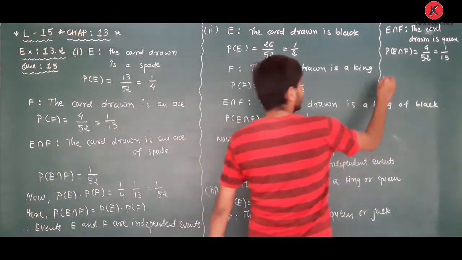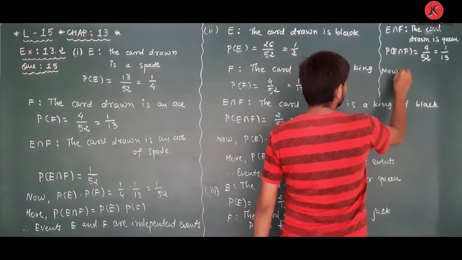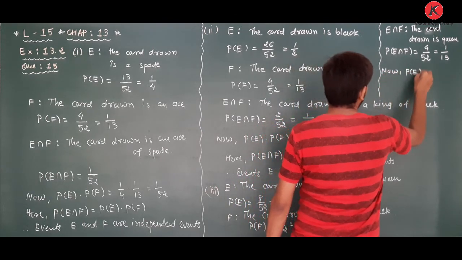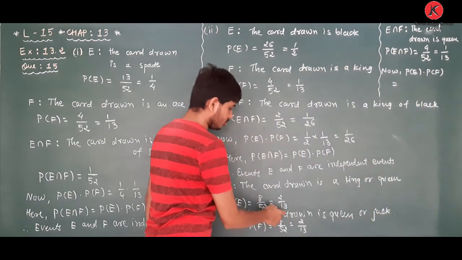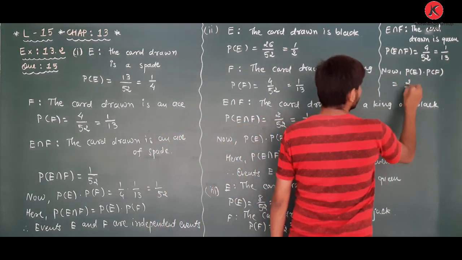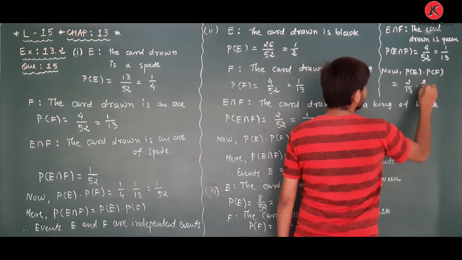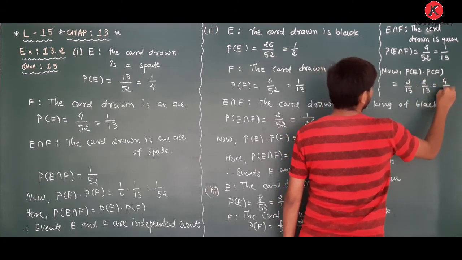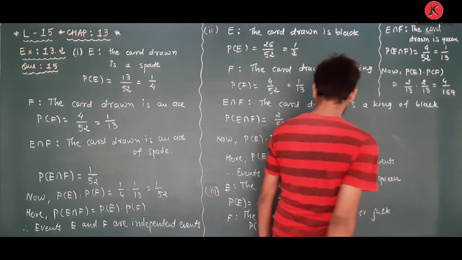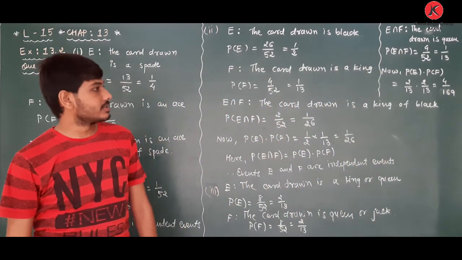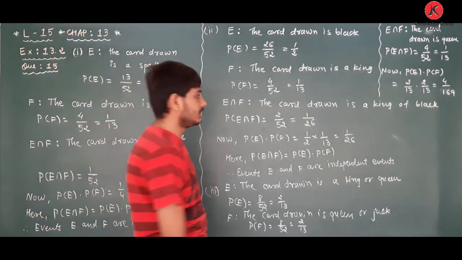Now check the probability of E into probability of F. The probability of E is 2 by 13, probability of F is 2 by 13, so you are getting 4 by 13 into 13, 169, the answer 4 by 169.